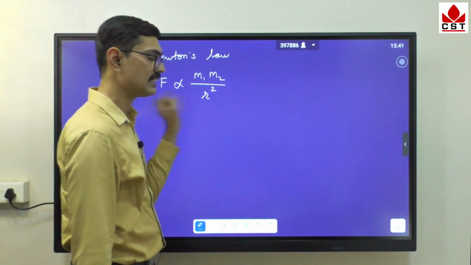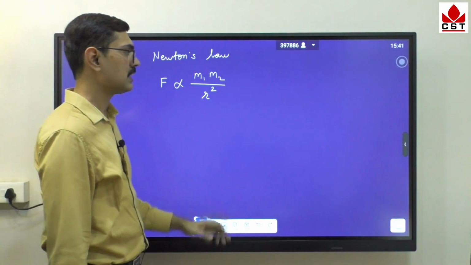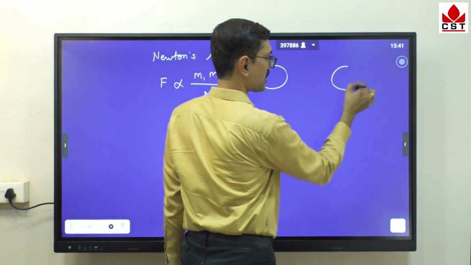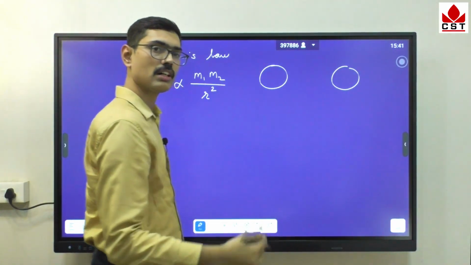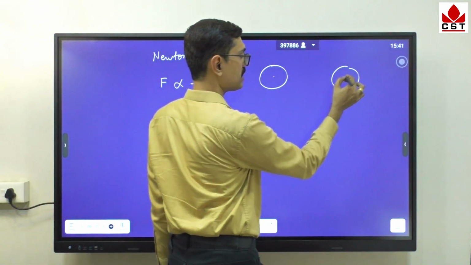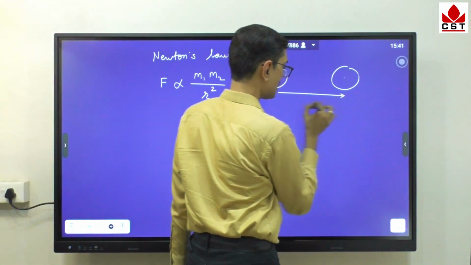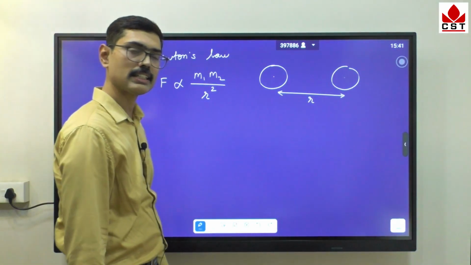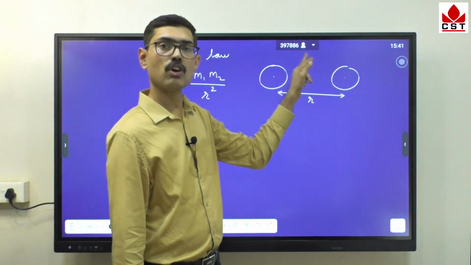And what about that distance? That r distance is not the normal distance. If there are different objects like Sun, Earth and Moon, then all distances are to be taken from their center of mass. So this is not surface to surface distance. This distance is always from the center of mass.